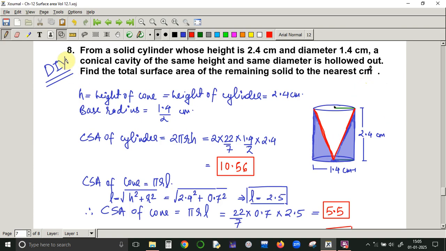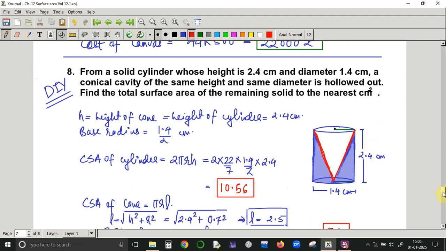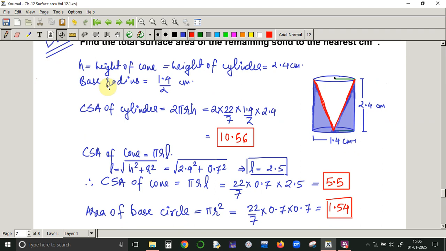So this is also a do-it-yourself question, but I have done the calculation, not in a proper manner, but you can see that. What I have calculated is the curved surface area of the cylinder. Yes, we can touch the outer surface of the cylinder, so we need the CSA of the cylinder, and I can touch the bottom of this cylinder.